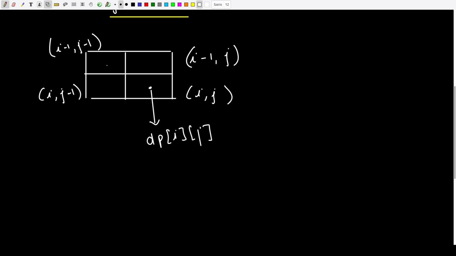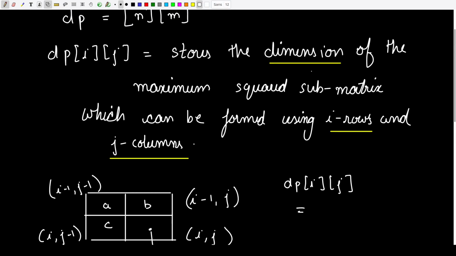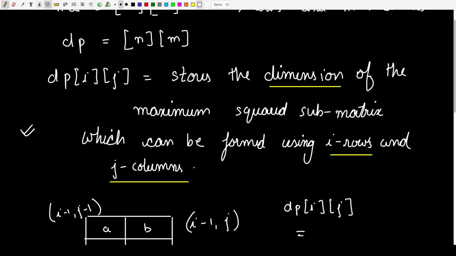Let us assume that these cells have some info which is a, b and c, and a, b, c are integer numbers, and we want to find out the value of dp I, j. So recall from the definition, dp I, j stores the dimension of the maximum squared submatrix which can be formed using I rows and j columns.